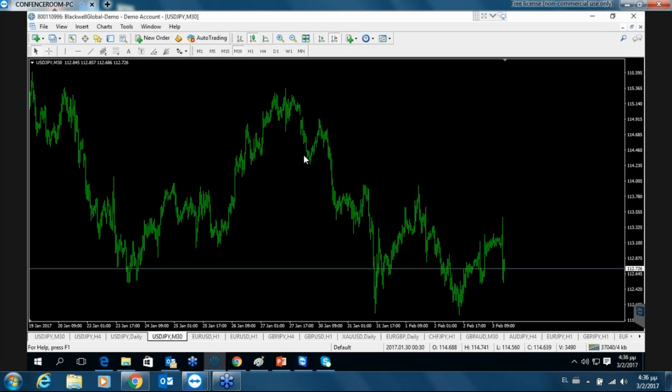In my personal opinion, your choice of time frame should mirror your equity. If you've got smaller equity, it's best to look at smaller time frames. If you've got medium equity, then a medium time frame. 10,000 and above is considered bigger equity, so you could look into H1, H4 and daily.